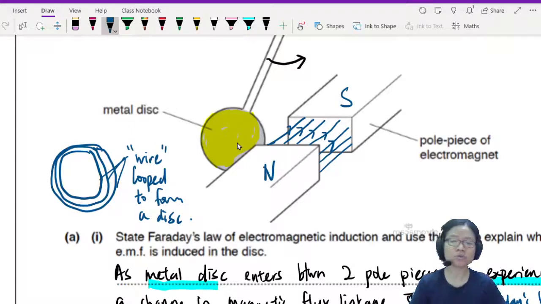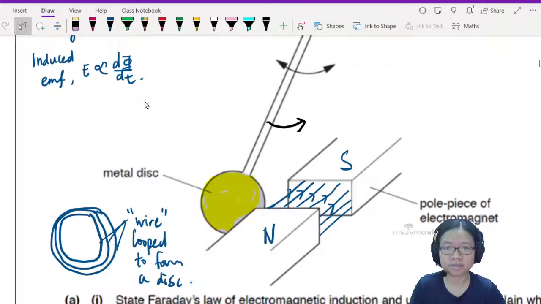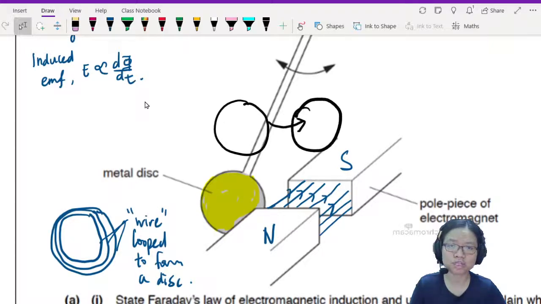From the perspective of the metal disc, I'm just going to draw here so you can see. When the metal disc is here, it has no flux. When it passes through here, suddenly it has this magnetic flux going into the screen. Into the screen would be a cross.